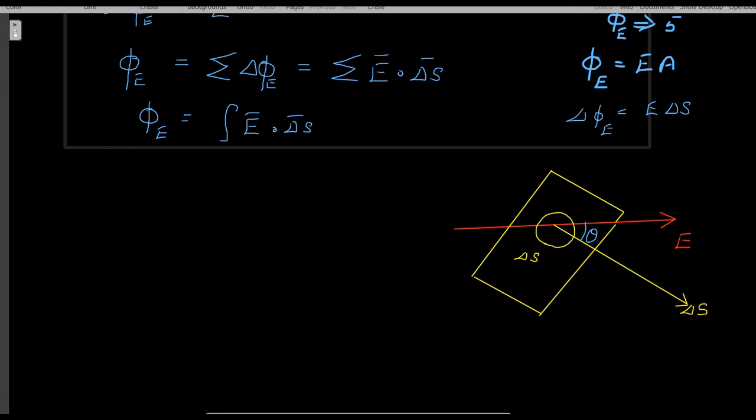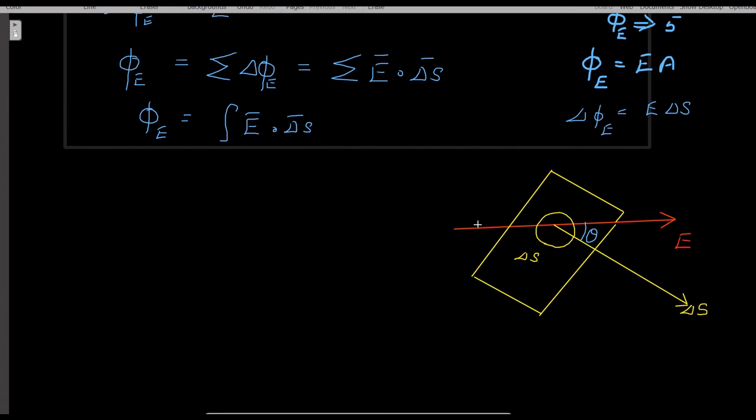So here, to calculate electric flux, we have to consider the component of electric field along the area vector, or the component of delta S along the electric field vector.